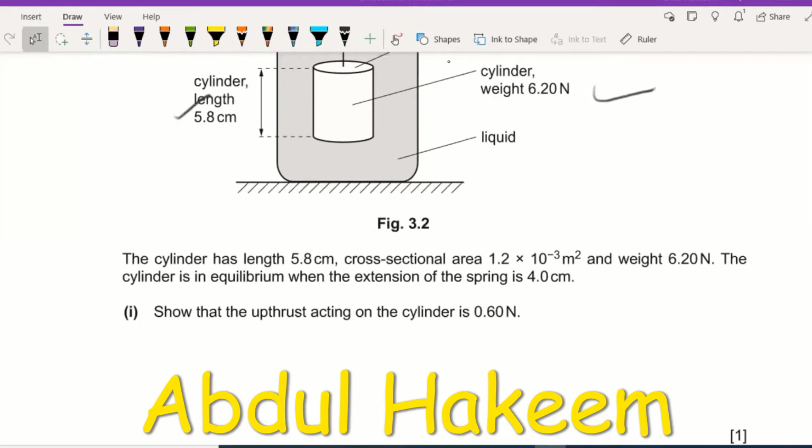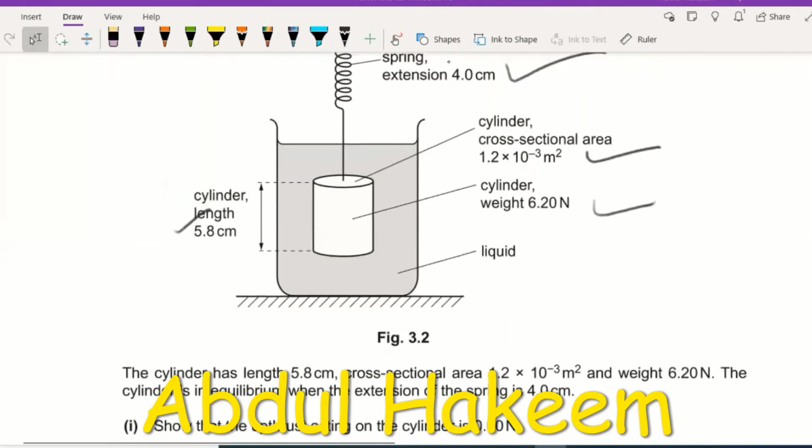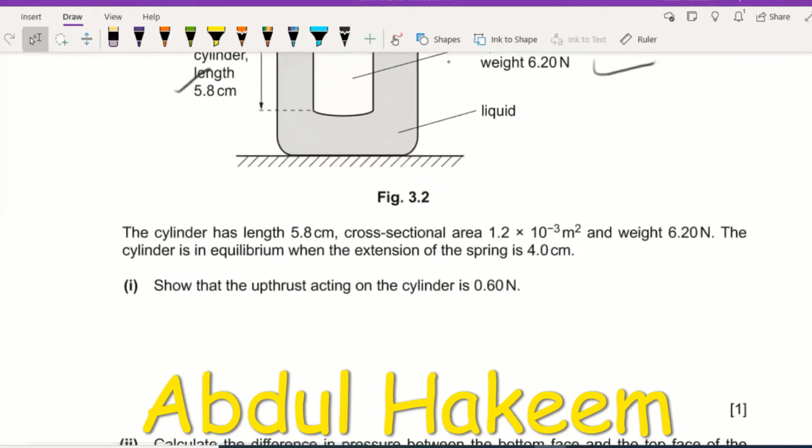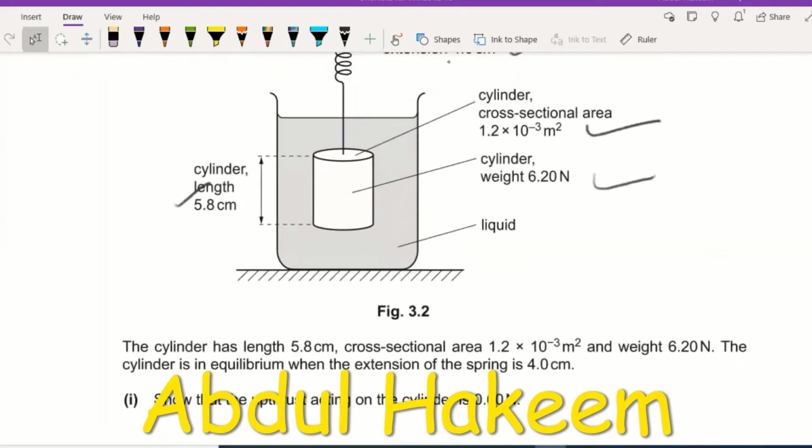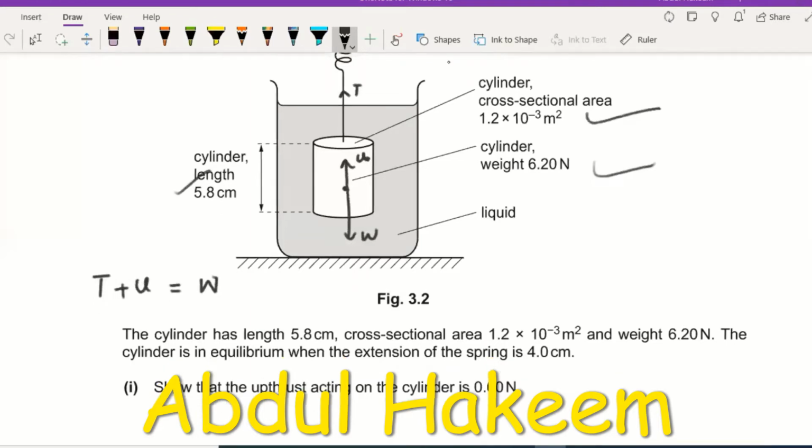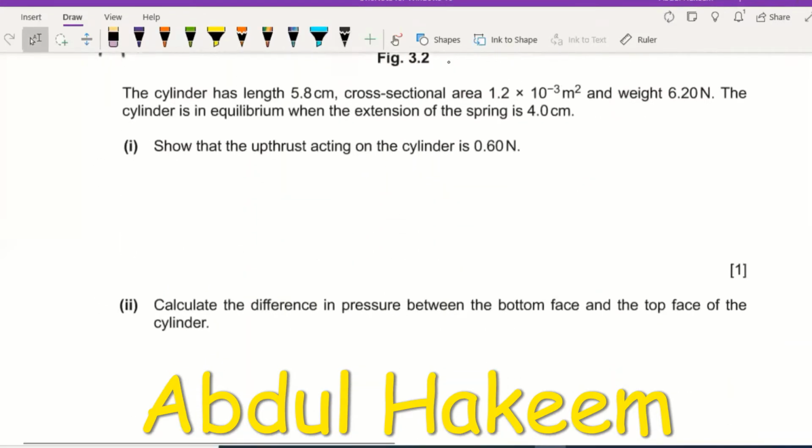So we'll use the upthrust formula. Look, here the weight is acting down and the upthrust is acting up. So the tension up plus upthrust up are both equal to the weight. It means the sum of upward forces is equal to the sum of downward forces.